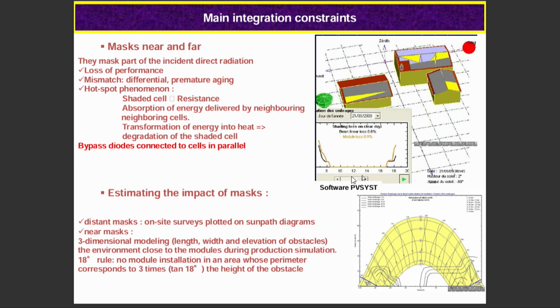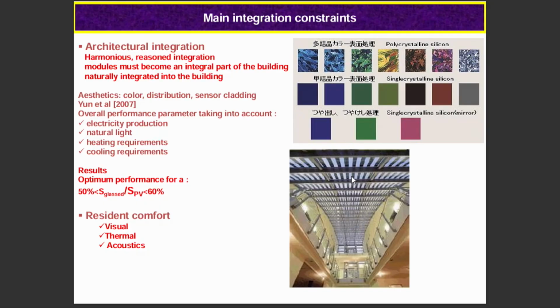So it's very important to clearly estimate this mask. So we have seen how to do it yesterday, and to plot on our evaluation of the rays of the sun in the sky the obstacles, so that if they are far or if they are close, it is the same way to plot it. All the tools, of course, are dealing with that.